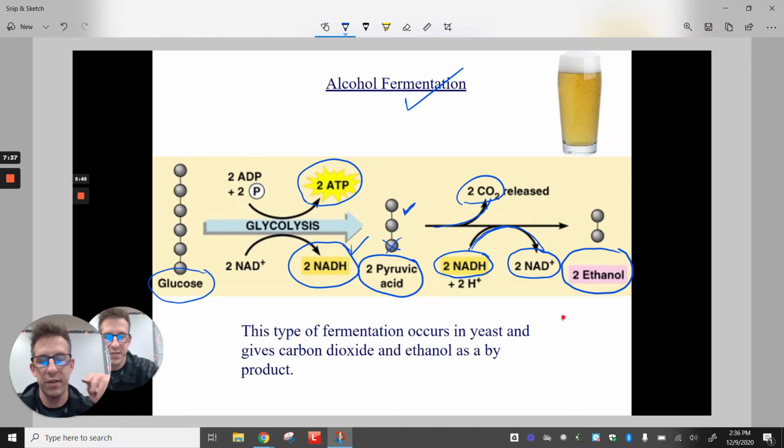And we've talked about ethanol before, right? Ethanol is the stuff you put in beer, okay? And this is one of the main reasons you see yeast used in the brewing of beer. If you go into many different types of breweries, they will talk to you about how we put the yeast in, and this is what the yeast does.